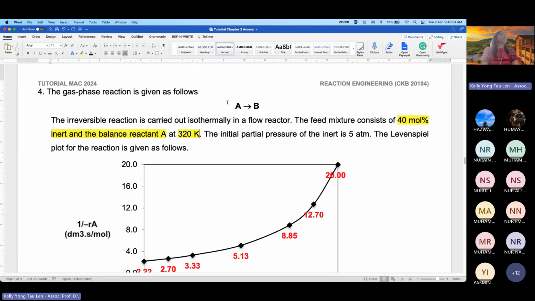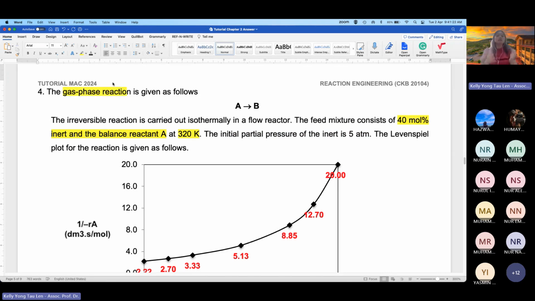Next information. The initial partial pressure of the inert is 5 atm. I already taught you in the first 2 weeks that we learned about partial pressure, right? In this case, initially I have A and inert, and both are gases, because the question says it is a gas phase reaction.